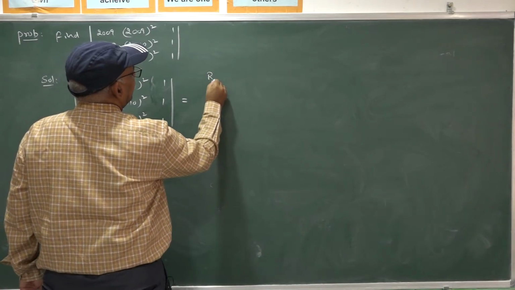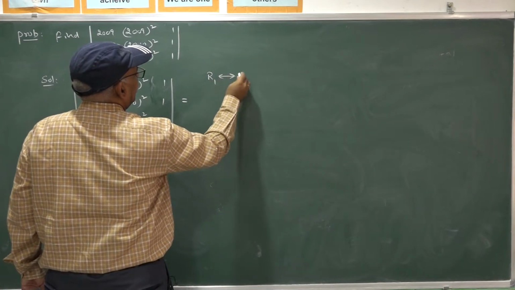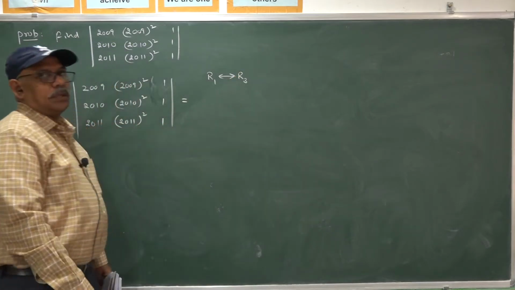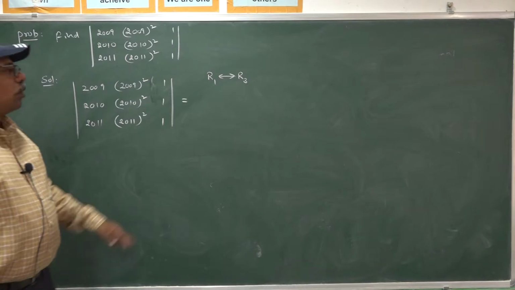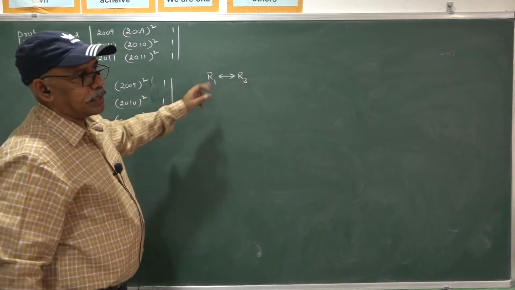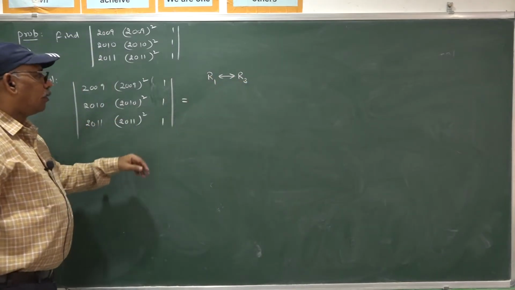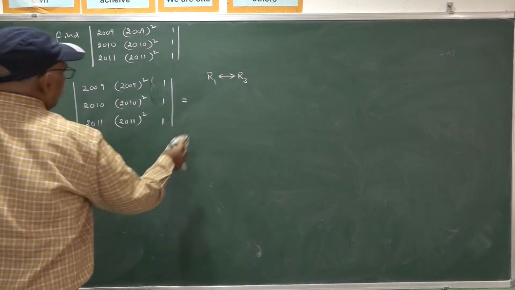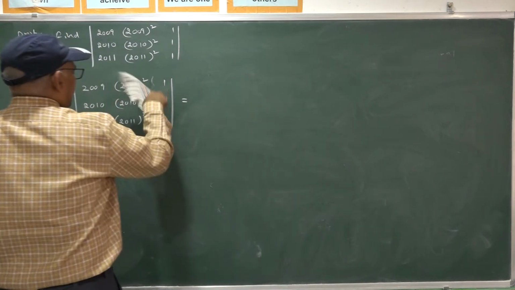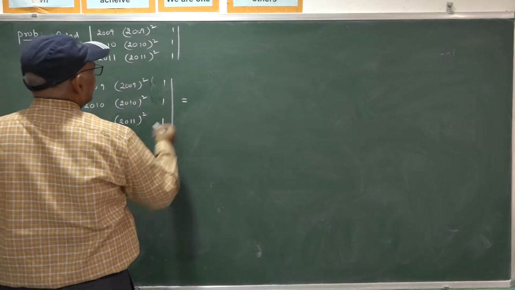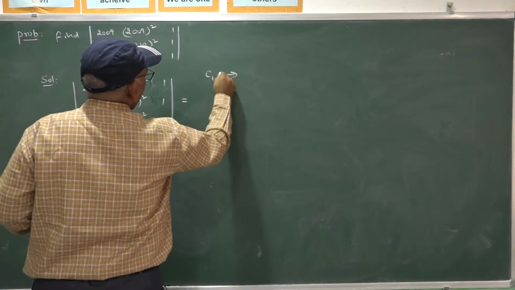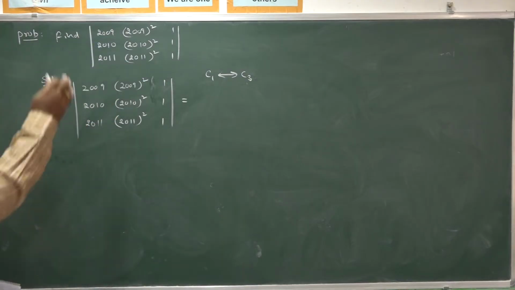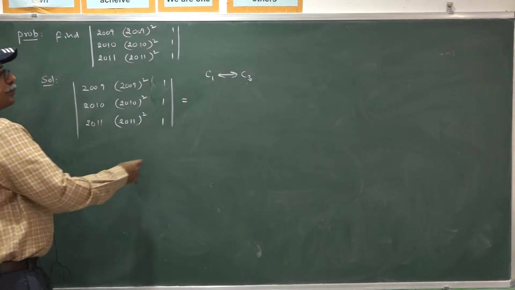That was denoted by interchanging C1 and C3. Oh, sorry, columns, not rows. On interchanging the first column and third column, we get 1, 1, 1, 2009 whole square, 2010 whole square, 2011 whole square, 2009, 2010, 2011.